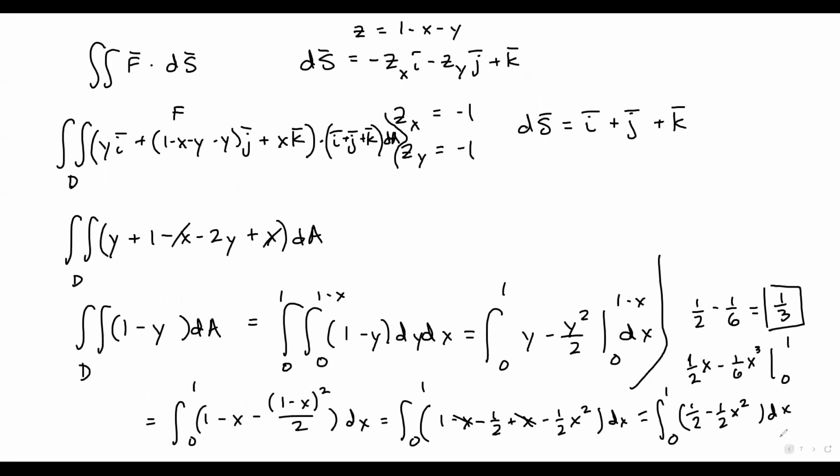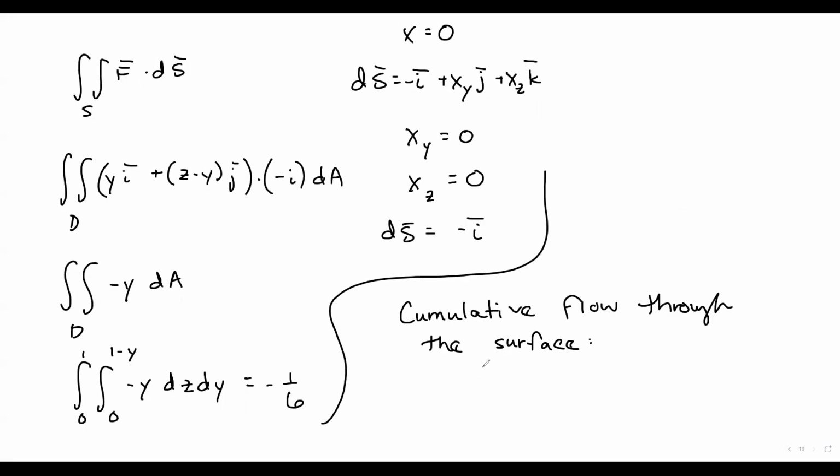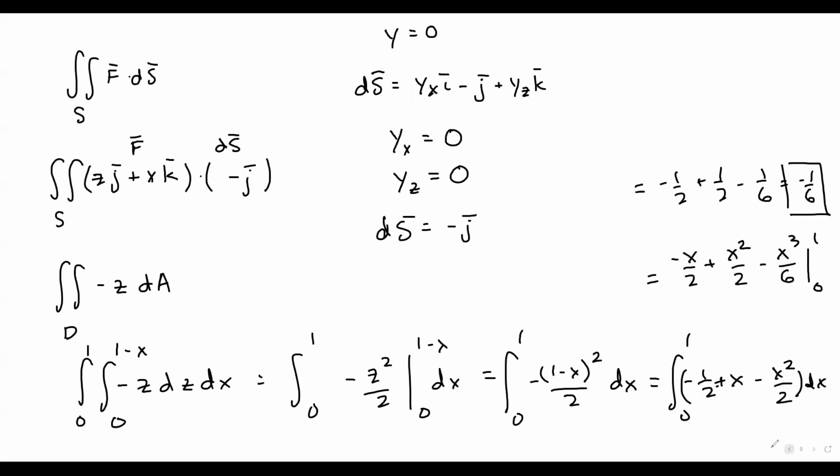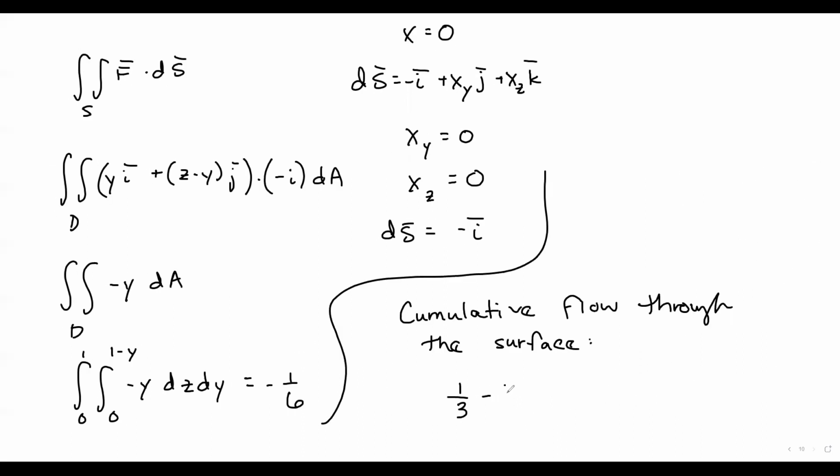The first one was 1/3. That's the flow through the front, and that was positive. And then through the bottom, we got negative 1/6. So that's a negative flow. It was actually flowing upward through the bottom, not downward.